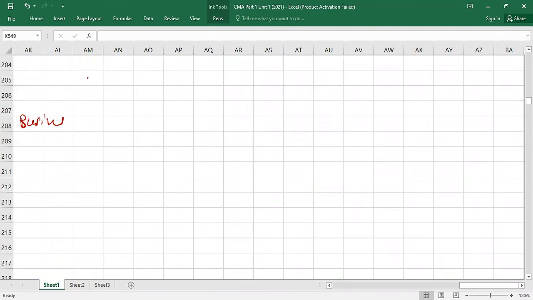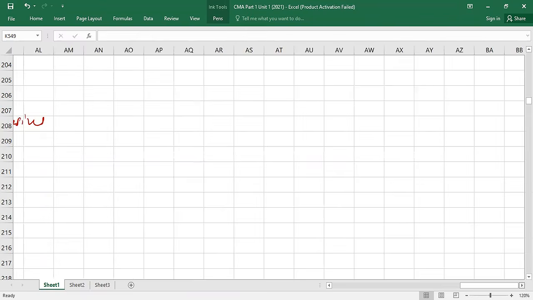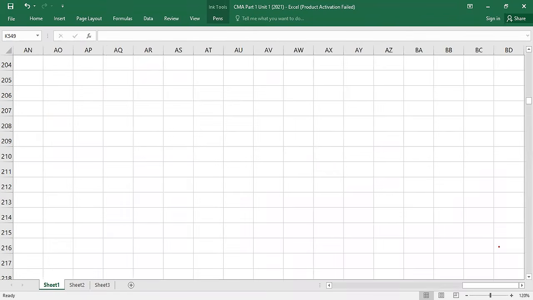I'm going to explain a few words here. It's written in the sheet, I'm just using a pen. These are items which are mostly part of equity: capital. Items of equity.